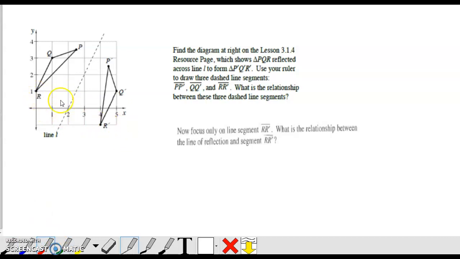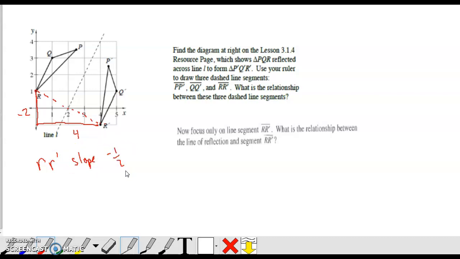So if I'm going to R, right? So notice that I'm going to go down 1, and then actually if I'm going to go all the way to R, I'm going to go down 2, so now -2, and I'm going to go over 1, 2, 3, 4. Okay, so if I drew a dashed line, I know that R to R prime slope would be -1/2.